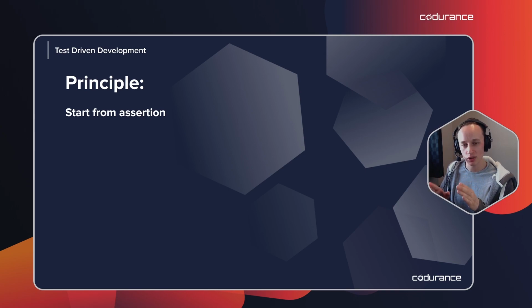What is the output I want in this scenario? Then you're looking at, okay, to get that output, how do I want to consume this piece of code, this unit of code that I'm designing? And then lastly, you want to say, okay, given I call it like that and I get this result, what setup do I need to ensure that this all happens? I think it's a really interesting way of designing a test that really makes you focus on the more important aspects first.